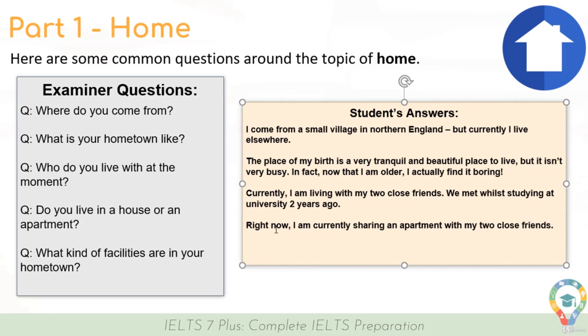What kind of facilities are in your hometown? Facilities are places of interest or places of use that are available to you. For example, shops, gyms, swimming pools, restaurants, bars, these are all facilities. So what kind of facilities are in your hometown?